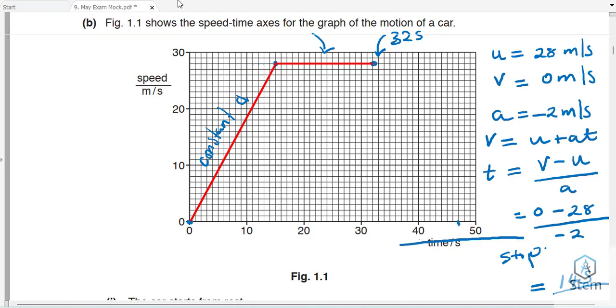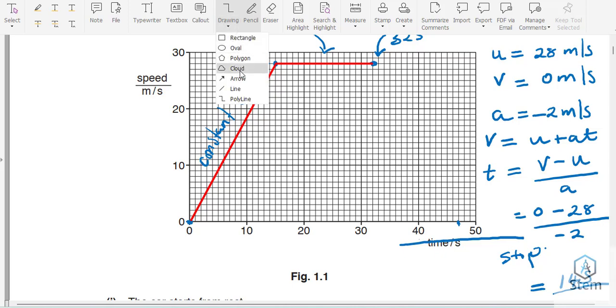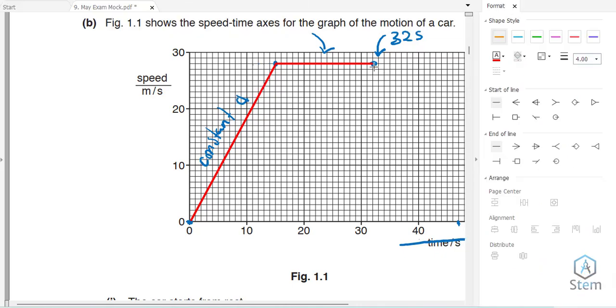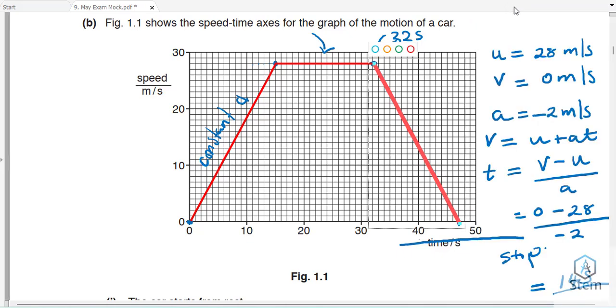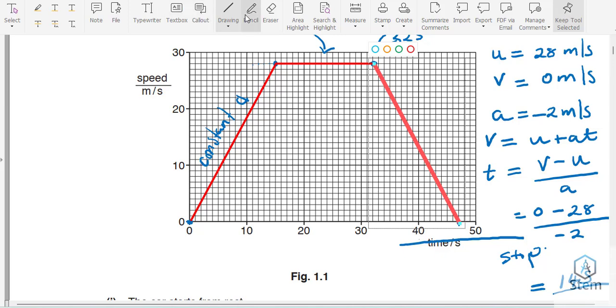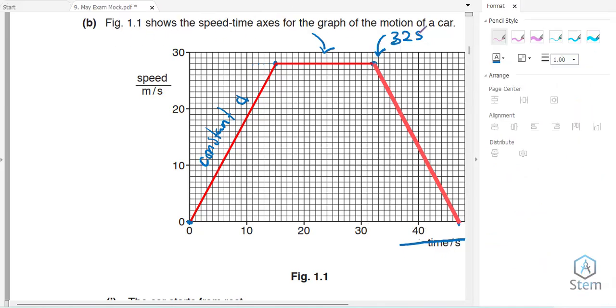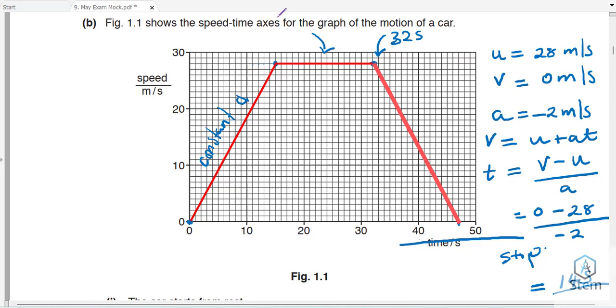So we draw a straight line graph indicating that. So this is our speed time graph for this journey, and I think it's pretty doable.